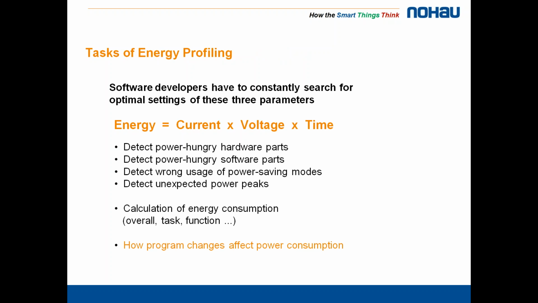So as a software engineer, we have to constantly search for the optimal settings of these three parameters. So it would be good to know which part of the software is typically power hungry. It would be good to know which parts of the hardware are typically power hungry and also what the software is doing at that time.